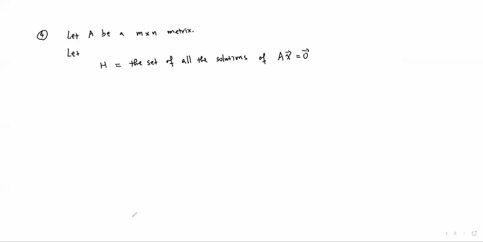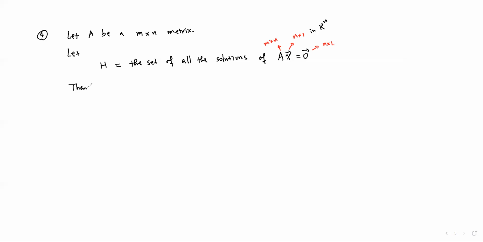All right, A is m by n. X is n by 1. This 0 is m by 1. H is the set of the solutions of this equation. The solution is in R^n. Yeah, x is in R^n.